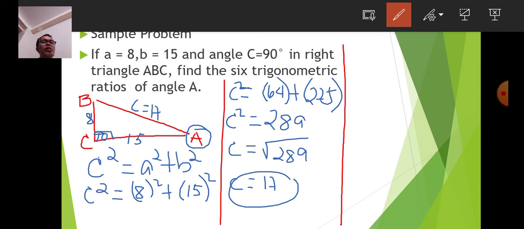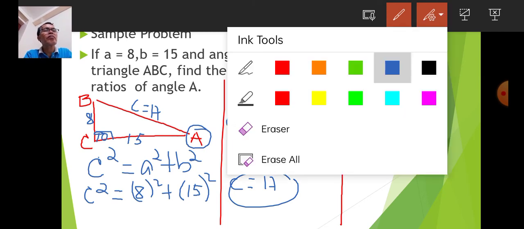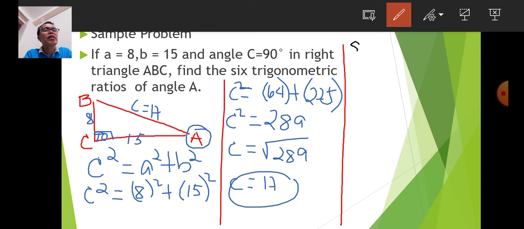Now, using the six trigonometric ratios, sine of A is opposite over hypotenuse. The opposite of angle A is 8, over the hypotenuse C, which is 17.